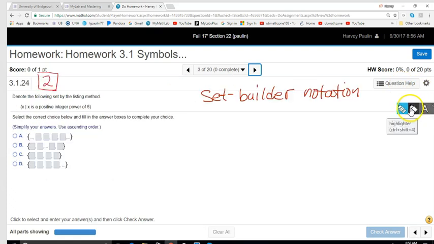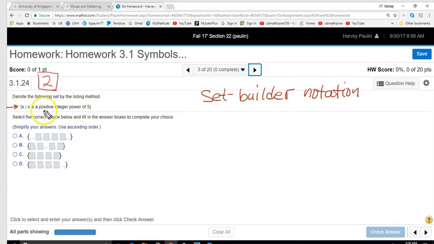Now, another form of notation is what we see illustrated here, where we have a brace, x. X is such that x is a positive integer, power of 5.